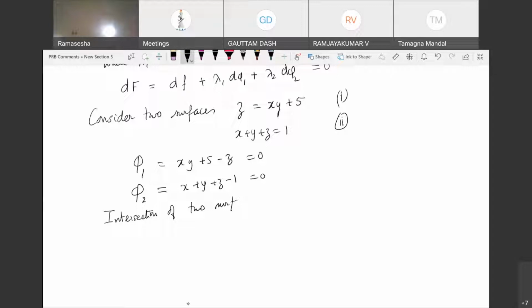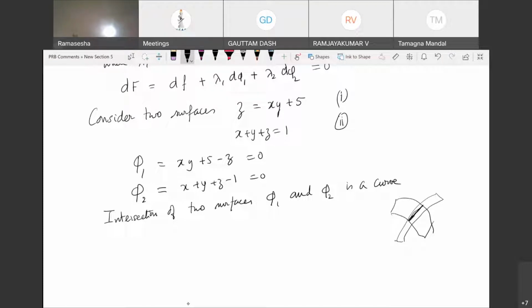It is a curve, because if you take two sheets of paper and you make a slit in one of them and then pass another one through this slit, you will see that you have actually intersected two surfaces, and what you have is a curve. So, for example, this is one surface, and this is another surface, and this is the intersection of the two surfaces. So that's the curve.